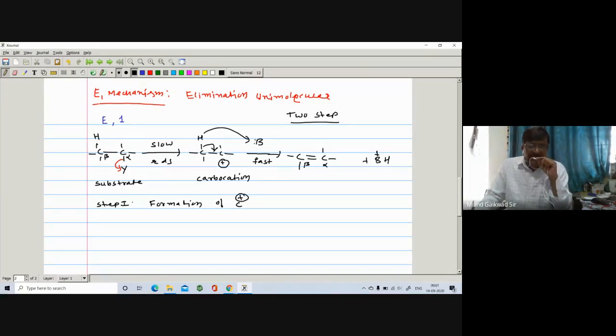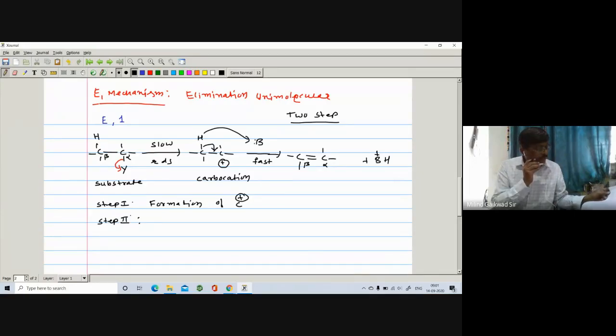The bond between the C alpha and Y breaks, and there is a formation of a carbocation or carbonium ion. In the second step, there is an abstraction of hydrogen by the base. So the second step is an abstraction of a proton, or the formation of the corresponding alkene.